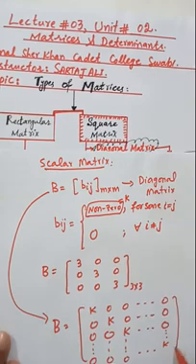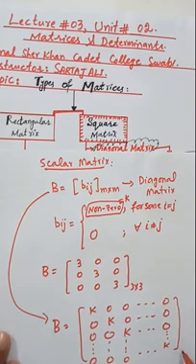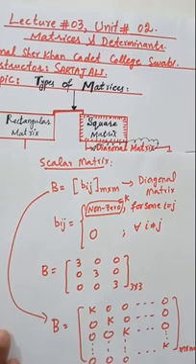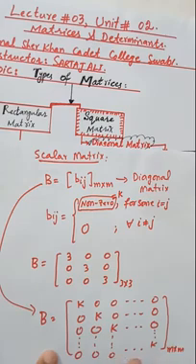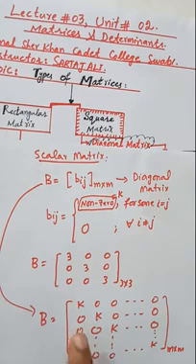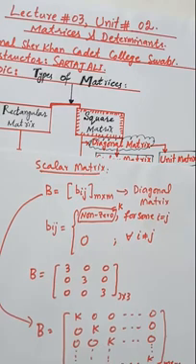You see that this is a diagonal matrix of order m. This is a diagonal matrix because on the diagonal we have non-zero elements and off the diagonal we have 0, and the non-zero elements on the diagonal are equal. Such a type of diagonal matrix is said to be a scalar matrix.